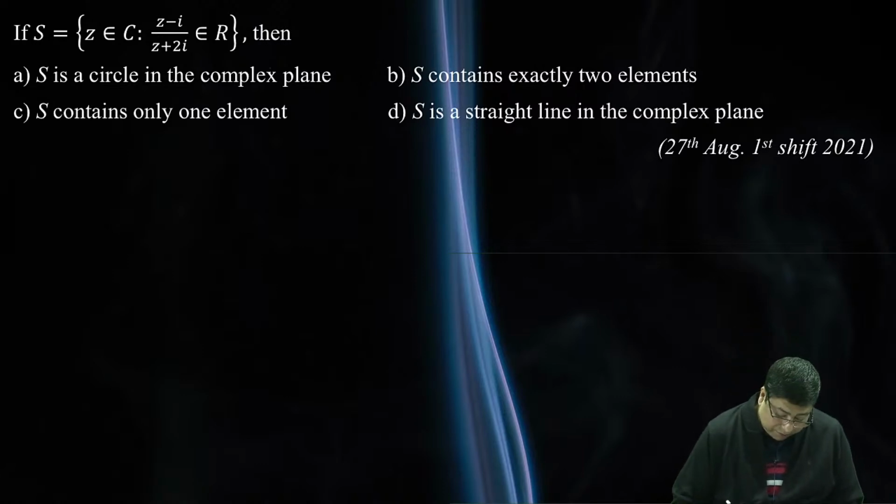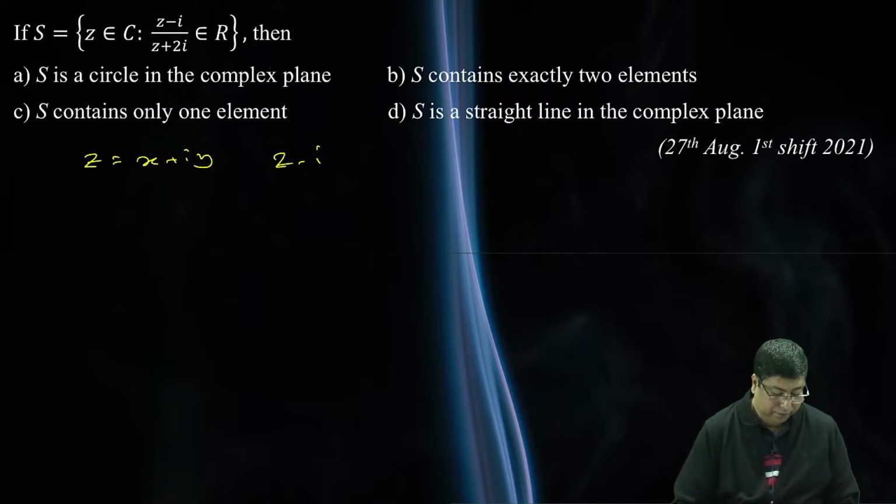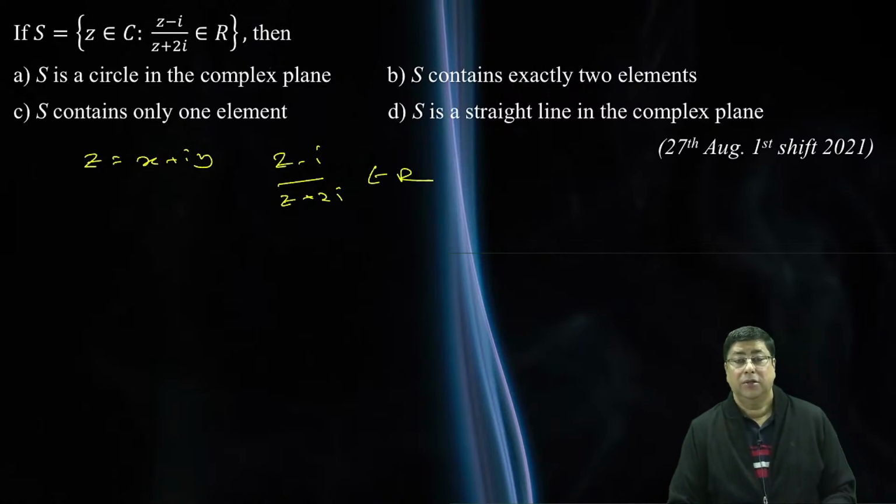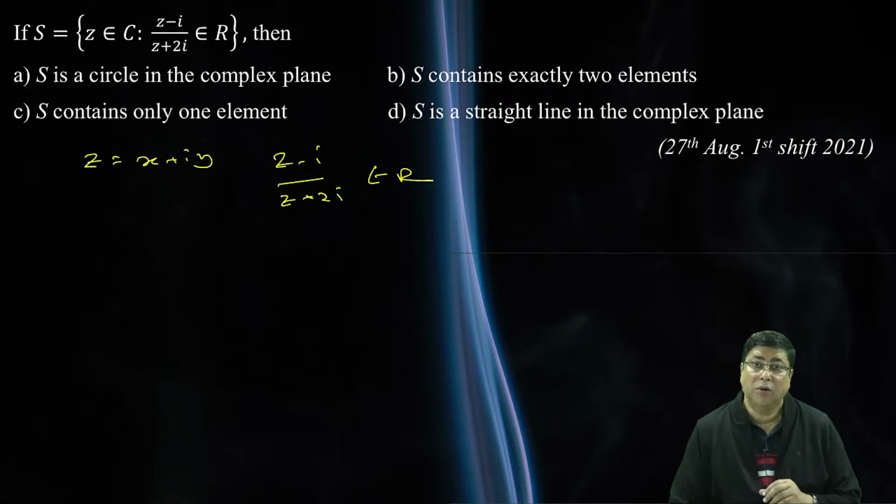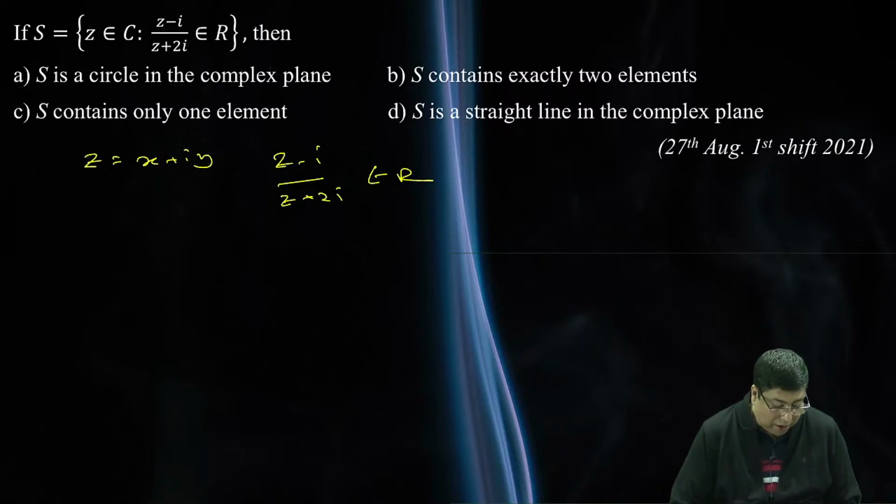So let us solve it. Let z equal x plus iy. Given that (z minus i) by (z plus 2i) belongs to R, it means this complex number is a real number, so its imaginary part is 0. So let us get its imaginary part and make it 0; that should be our target.